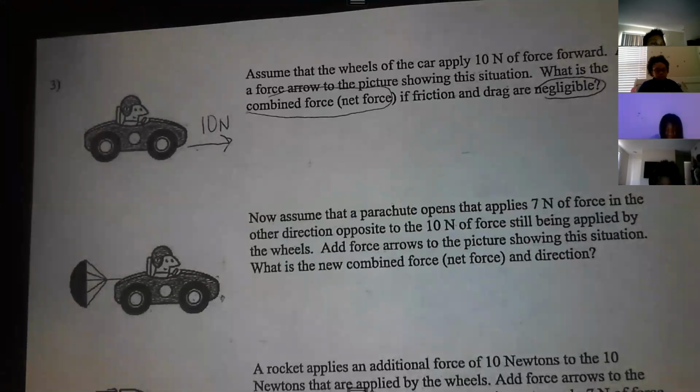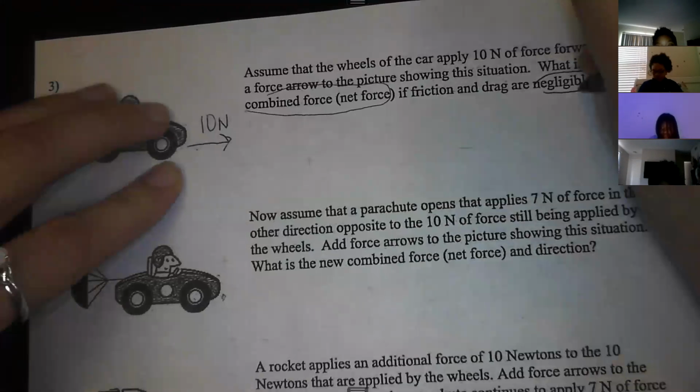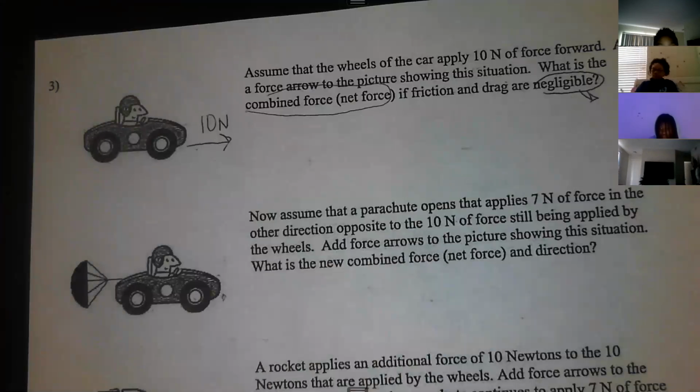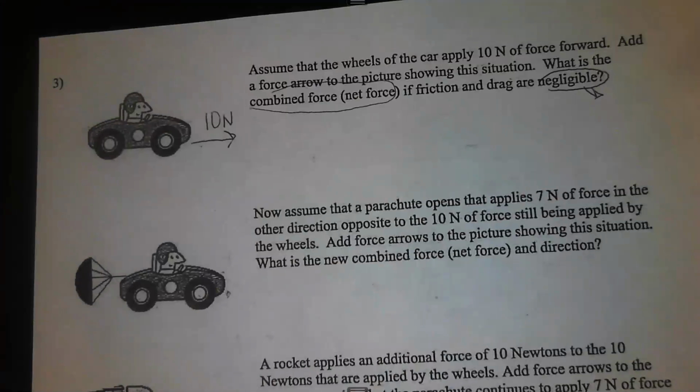So negligible means insignificant. Well, not that it cancels out. It just means that they're insignificant.